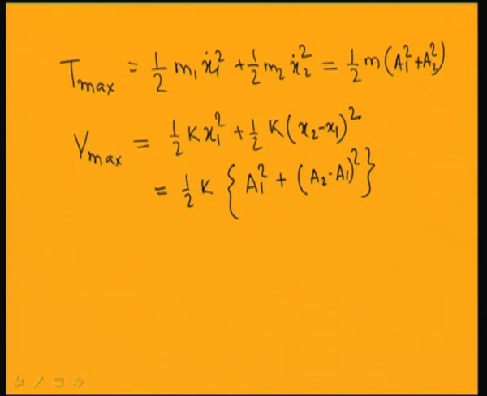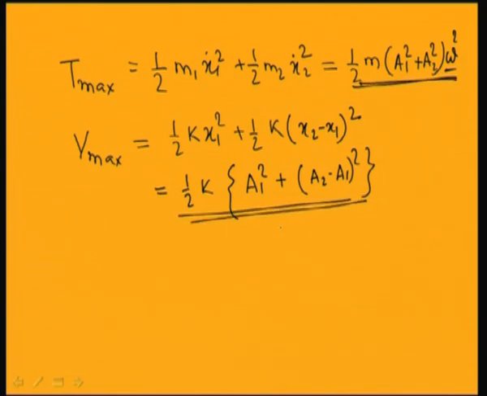Or I can equate this. The kinetic energy is half m a1 square plus a2 square omega square, as the maximum velocity equals a omega. So I can equate this maximum kinetic energy with this maximum potential energy.